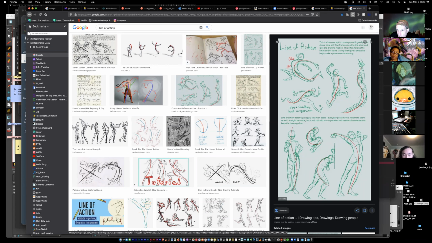So something like this is a good example. Something like this drawing right here, where the storyboard artist has drawn the head and the bean shape for the body along with the line of action first. And you can tell if you've drawn that line of action at any other time because it drives the form. So let me do a little draw over for you.